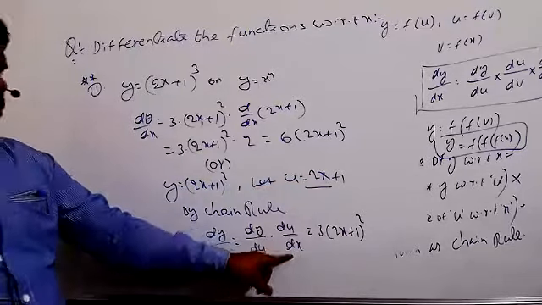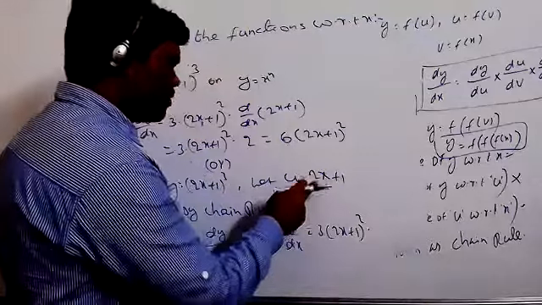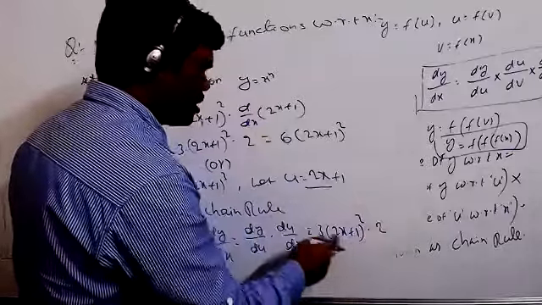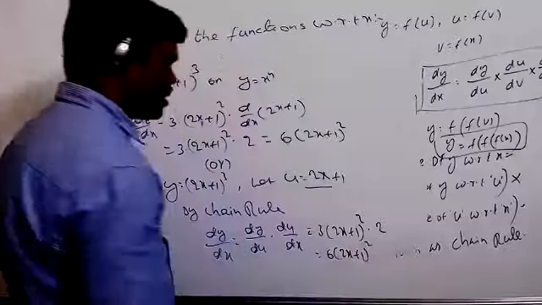Differentiation of 2x is 2, plus 1 gives 0, so 2. That's all: 2 threes are 6 into (2x plus 1) whole square.